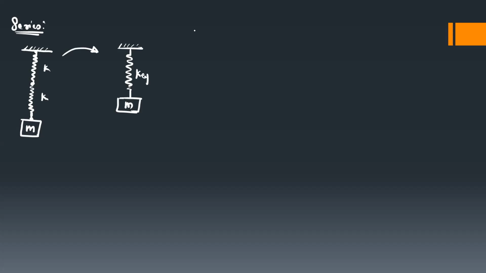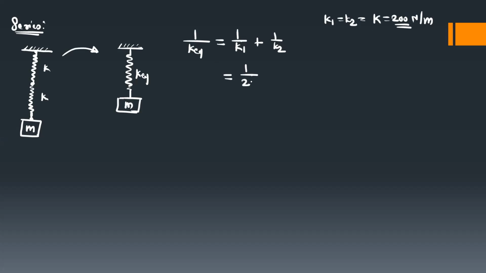Okay. So for the series arrangement, we have the equation: 1 upon K equivalent is equal to 1 upon K1 plus 1 upon K2. Okay. So here K1 is equal to K2 is equal to K, that is equal to 200 Newton per meter. So we have selected the same spring having the constant 200 Newton per meter. So this value will be 1 upon 200 plus 1 upon 200.